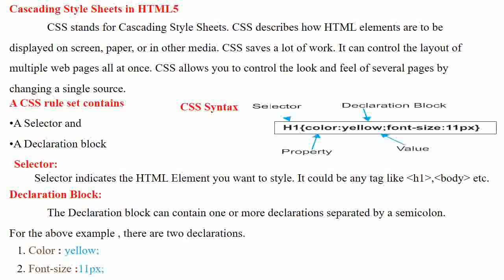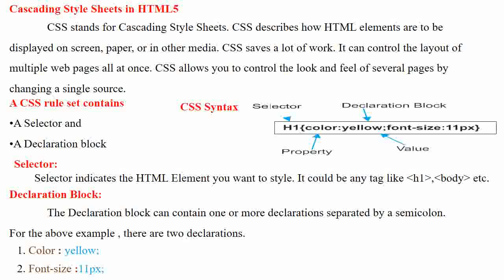So see the syntax of cascading style sheets. Here we can see the use of a selector and a declaration block. As you know, the selector indicates the HTML element. So here there is one HTML element, which is H1.